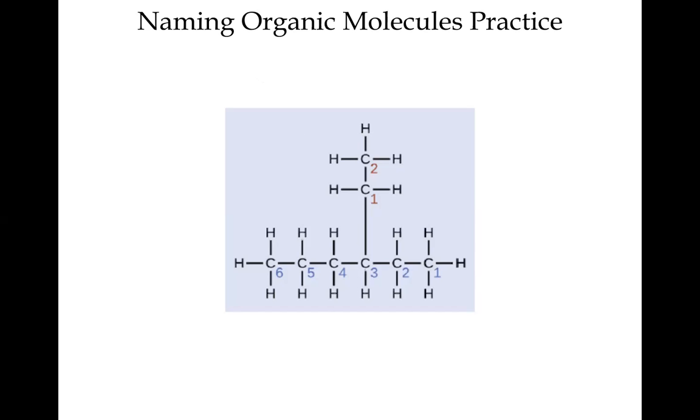All right, so maybe you've paused it and tried it. Well, the longest chain is 6. 6 is hex, so it's going to be hexane. And coming off of this third carbon is a substituent made up of 2 carbons. 2 carbons is ethyl.